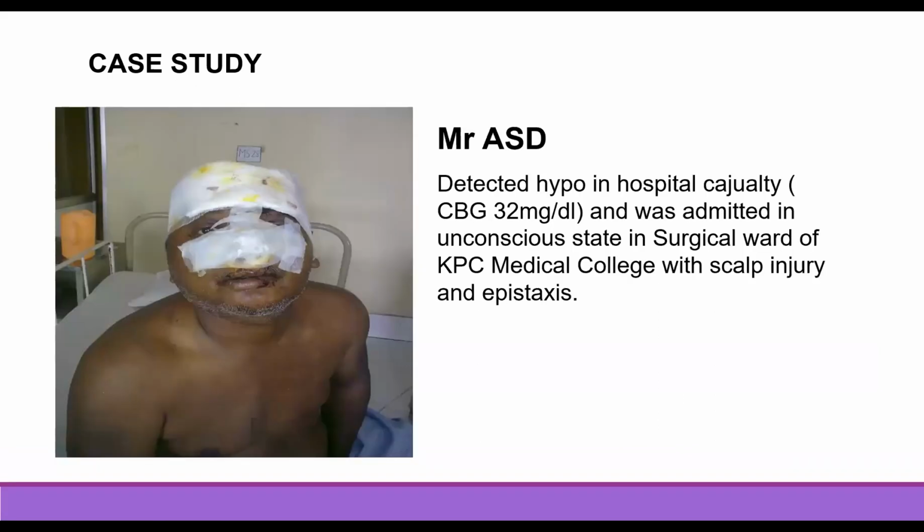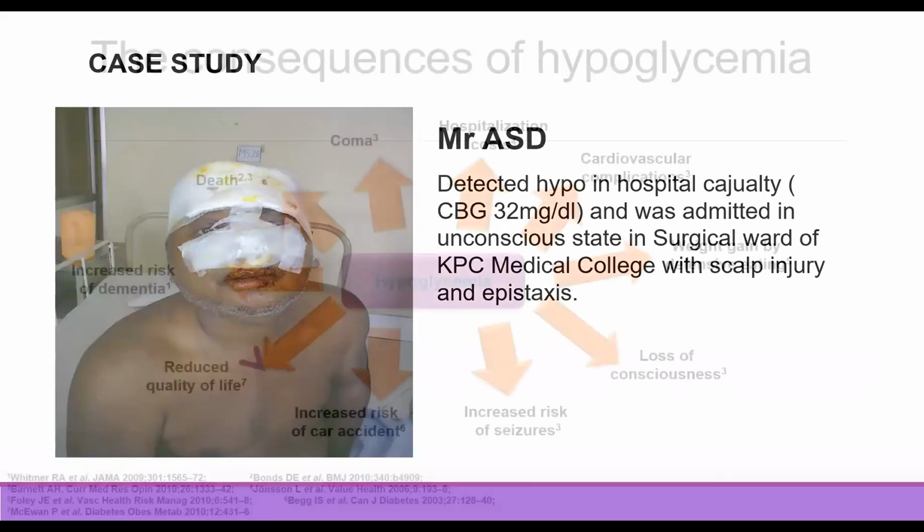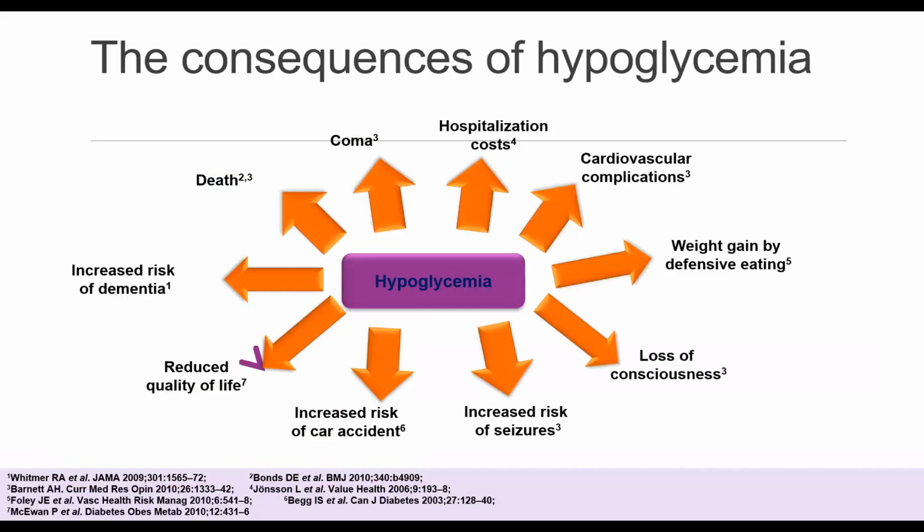When I saw this patient in the surgical ward after this accident, he was admitted with hypoglycemia with CBG 32. So this is an important issue as far as insulin therapy is concerned, especially when you are treating the patient with premixed insulin. You can see that the consequences of hypoglycemia are multiple.